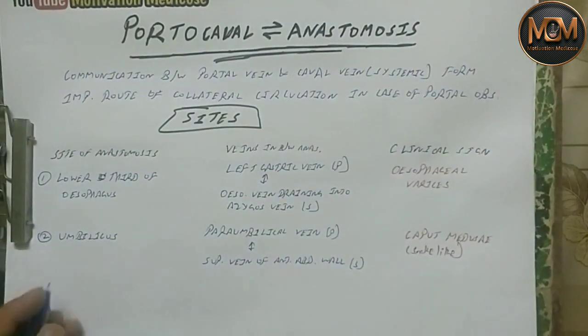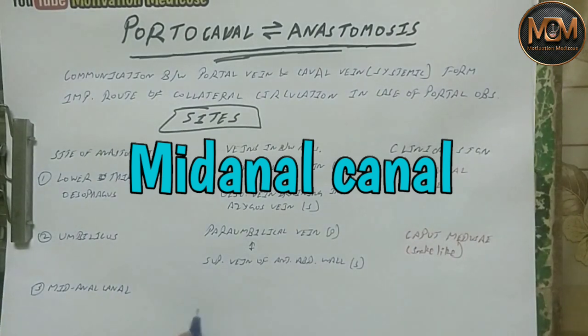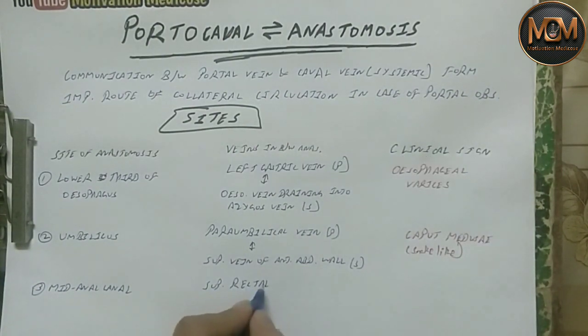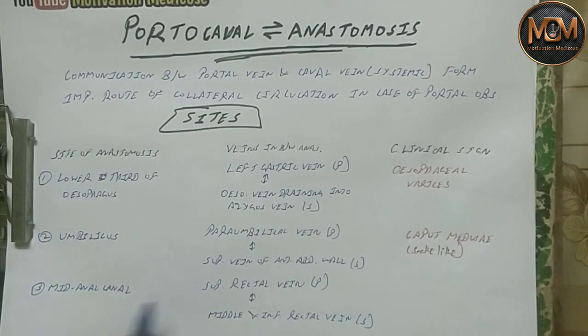The third one is the mid-anal canal. It is between the superior rectal vein, which is portal, and the middle and inferior rectal veins, which are systemic.